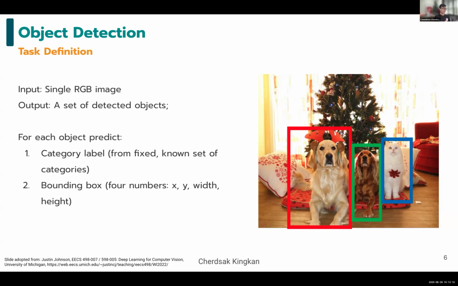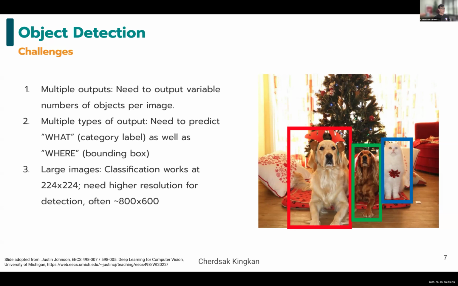The bounding box can be represented with 4 numbers: x and y, which is the center of the bounding box, and the width and the height of the bounding box. So these are the pieces of information that we require the models to give us. That's the definition of the object detection task.